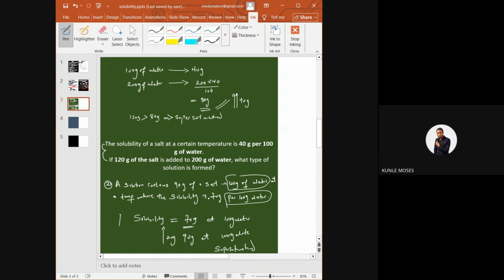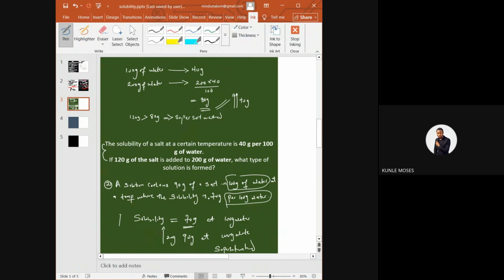It simply means the standard is 100 grams of water should dissolve 40 grams. Anywhere you see solubility, it talks about the standard. Do you get it, Gift? Do you get it, Confidence? So the first thing you will write down is your standard. So 100 grams of water should dissolve 40 grams of salt.